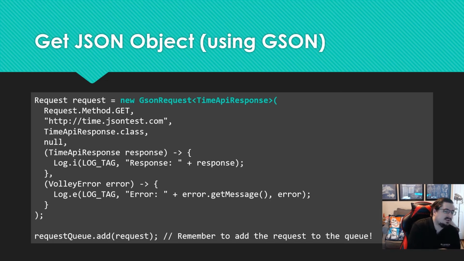So what it means is if I create this custom request here, I don't have to implement all the JSON stuff every time. I still have to create this model object. So here, the time API response class, I still need to create that. It doesn't take away the need to create your model classes. Does that make sense? It just takes away the boilerplate around setting all this up.